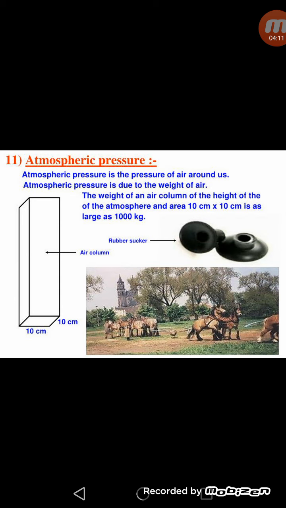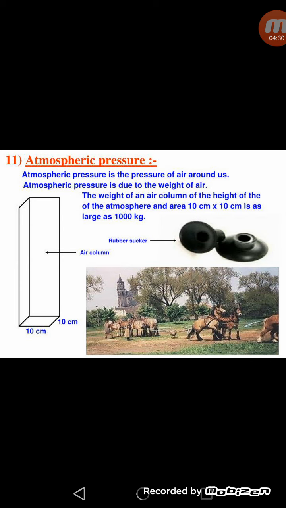We too experience the pressure of air which is called atmospheric pressure. So we can say atmospheric pressure is the pressure of air around us, and it is due to the weight of the air. However, our bodies are adapted to this great pressure and can withstand it without any problem.